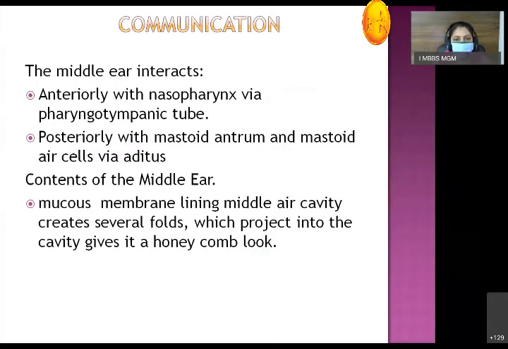So anteriorly, it communicates to the nasopharynx via the pharyngotympanic tube or the auditory tube, and posteriorly it communicates with the mastoid antrum and the mastoid air cells through the auditus. So anterior communication, posterior communication.